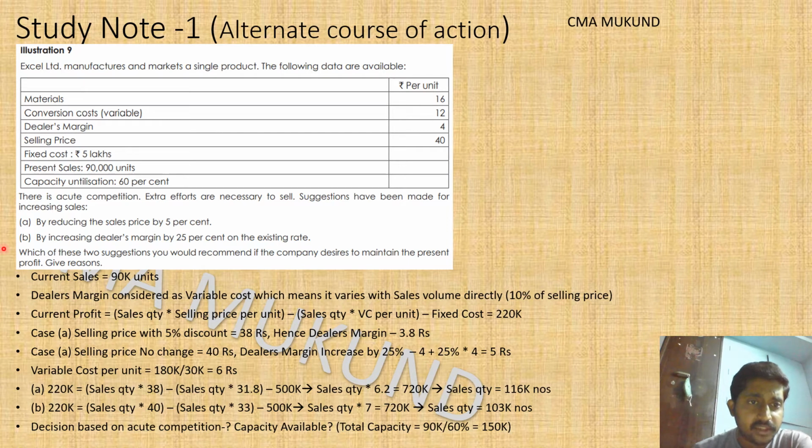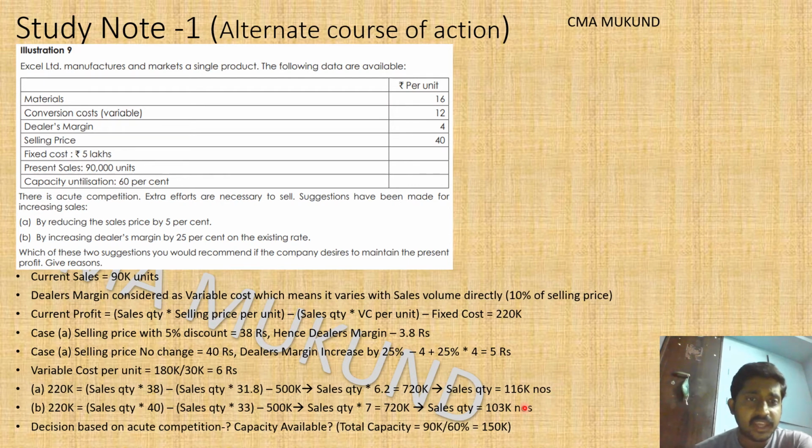In this case it is clearly said there is acute competition, and extra effort is necessary to sell. So you may require more effort for selling. Marketing may require some more labor. If you produce a lesser quantity, some of your labor may be free and you can send them to any duties assigned by the marketing department.